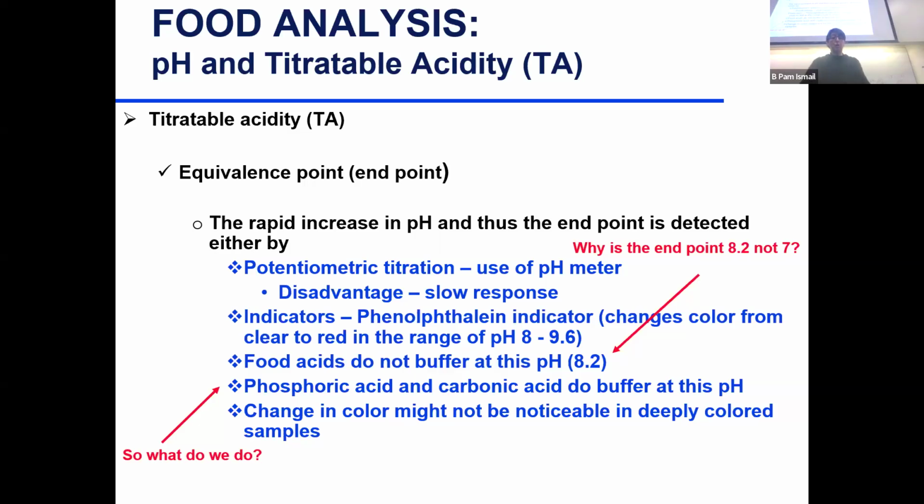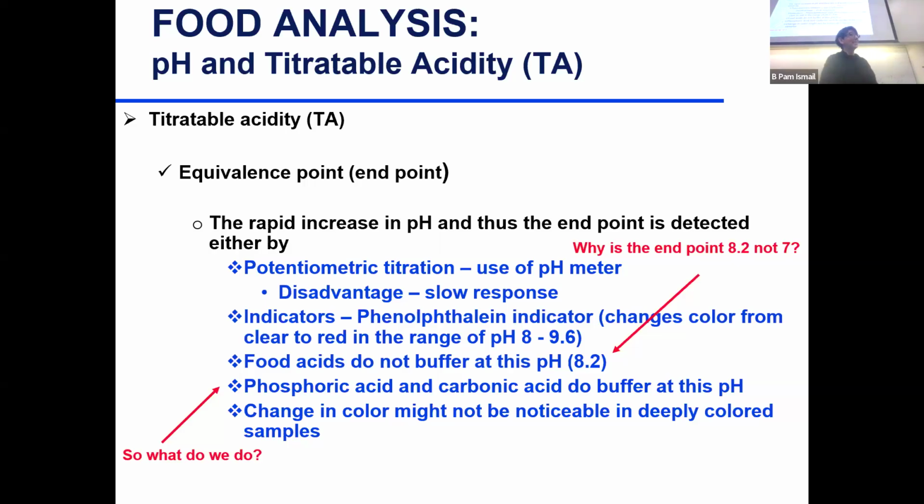Sometimes also if you are titrating tomato juice, yes. With phosphoric acid and carbonic acid, could you, instead of using the pH meter, just boil it like we did to get rid of the carbonic acid? Well, if you boil it and get rid of the carbonic acid, you can determine how much carbonic acid you had if you really want to determine it.